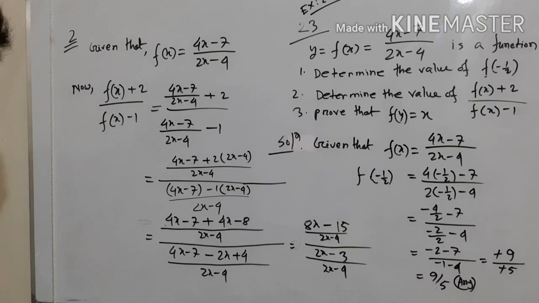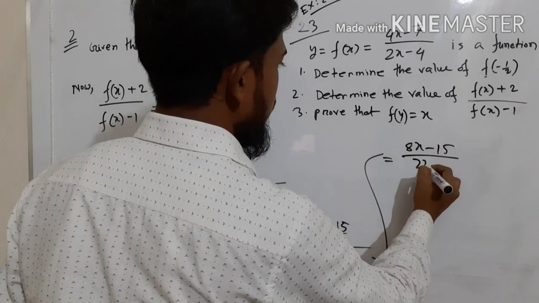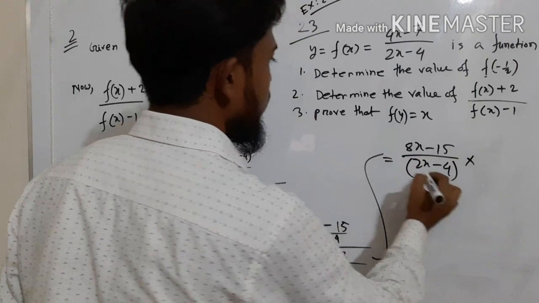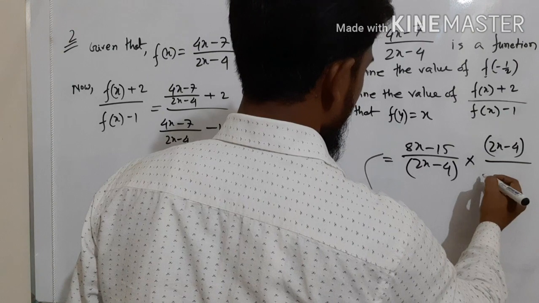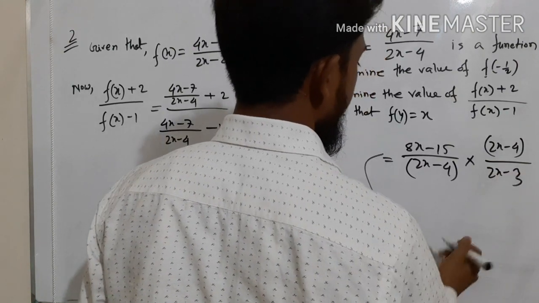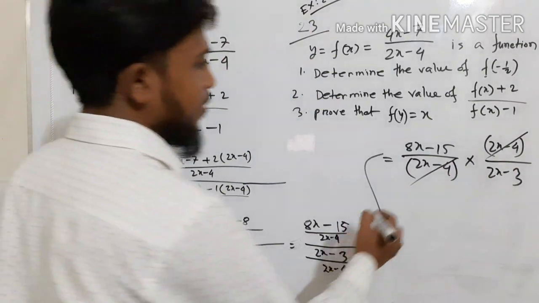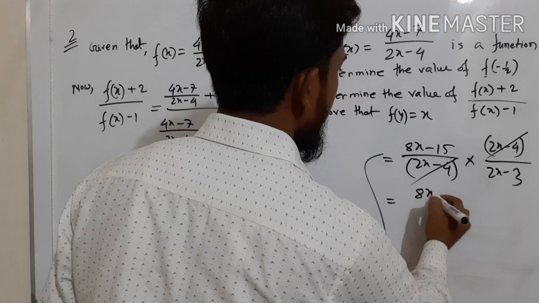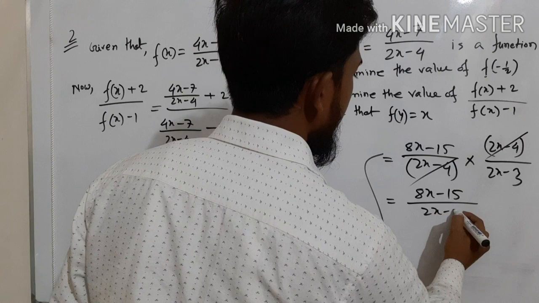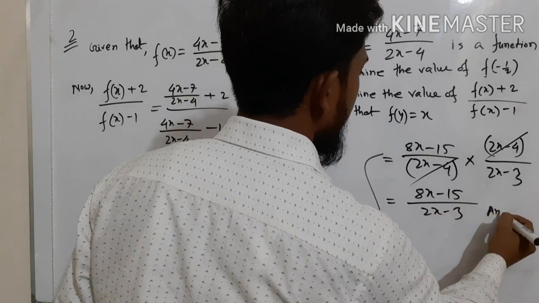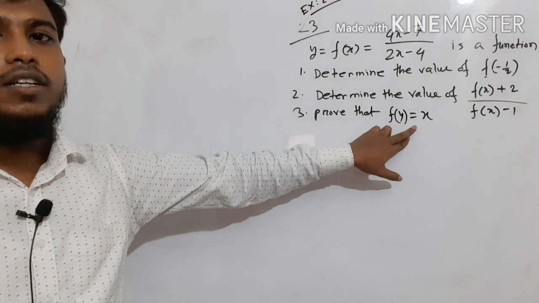So, we can write 8x minus 15 divided by 2x minus 4 into 2x minus 4 divided by 2x minus 3. So, this 2x minus 4 and 2x minus 4 are cancelled. So, 8x minus 15 divided by 2x minus 3. This is our answer. Problem 3, prove that f of y equal to x.